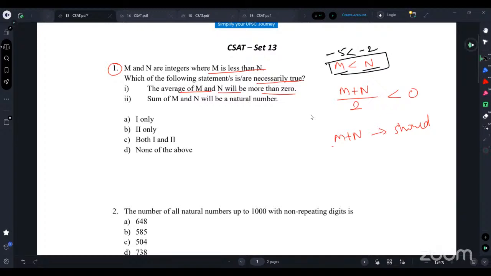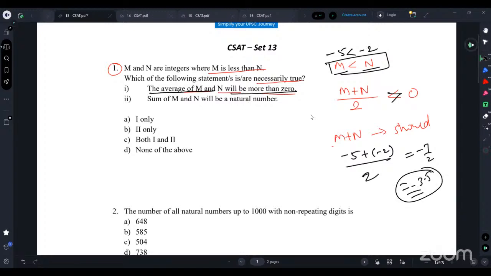If I take the average of this, minus 5 plus minus 2 by 2, it is minus 3.5. So the average is not definitely greater than 0. In this case I'm getting the average as less than 0, so this statement is not necessarily true.